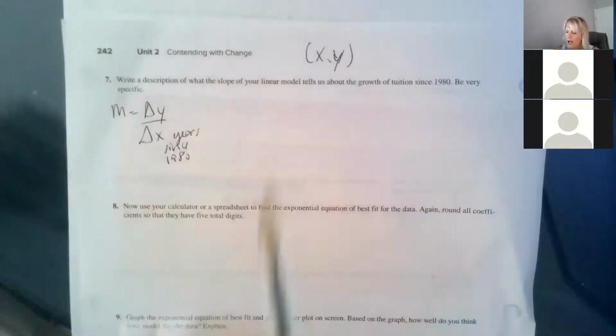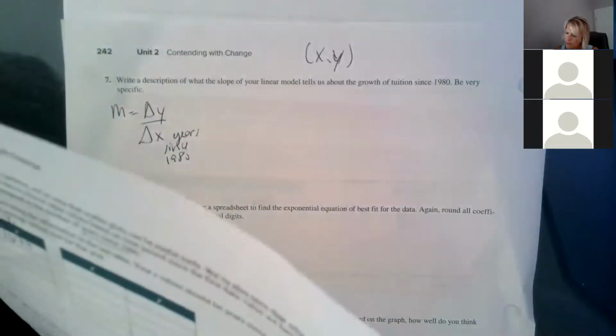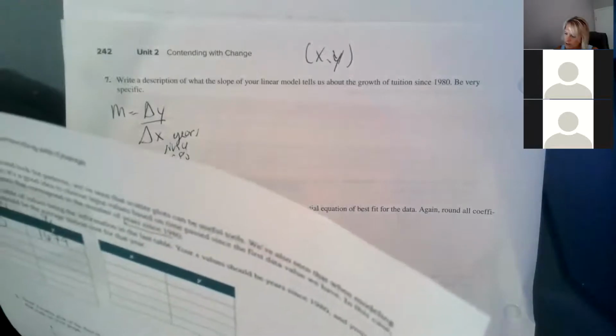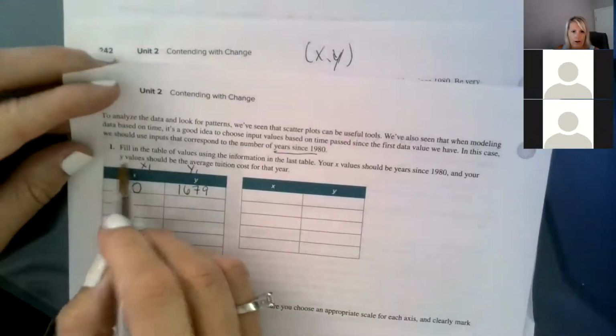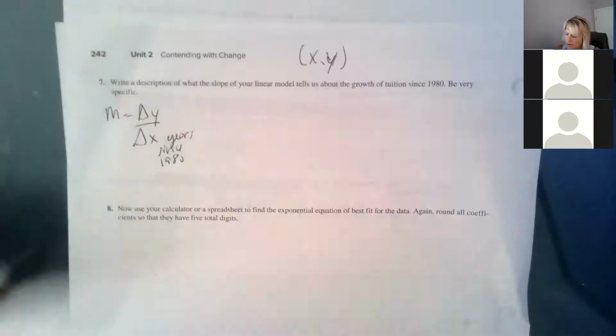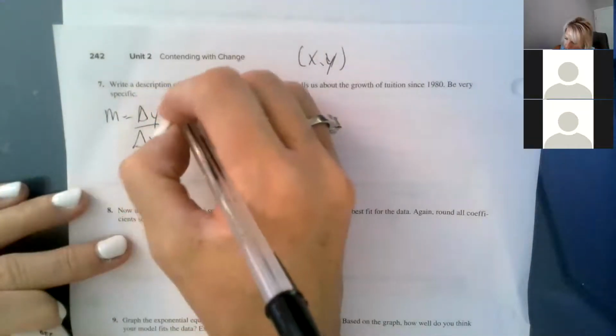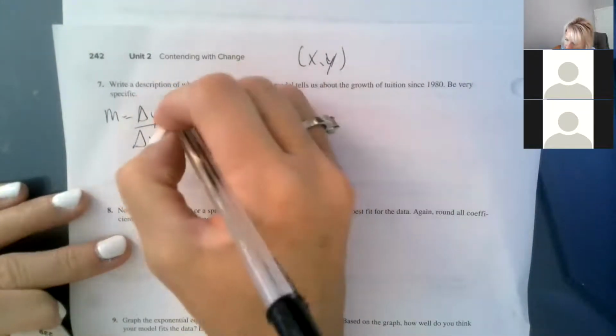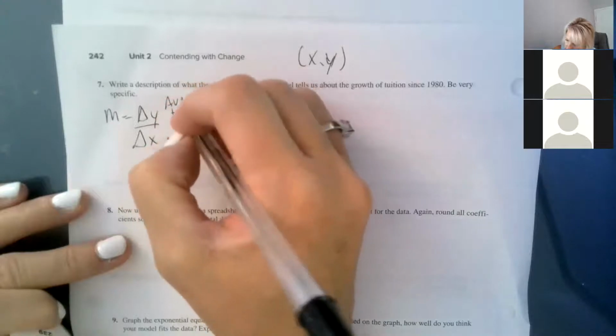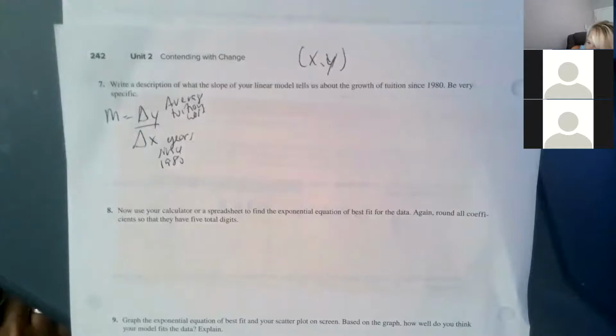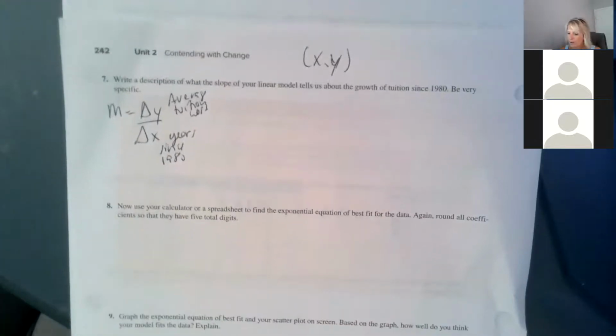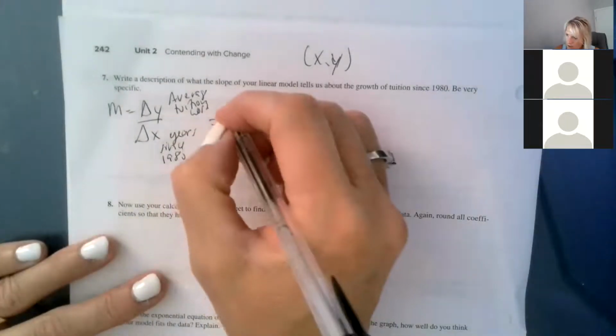And then Y is the cost of college. Says Y value should be the average tuition cost. So average tuition cost, okay?